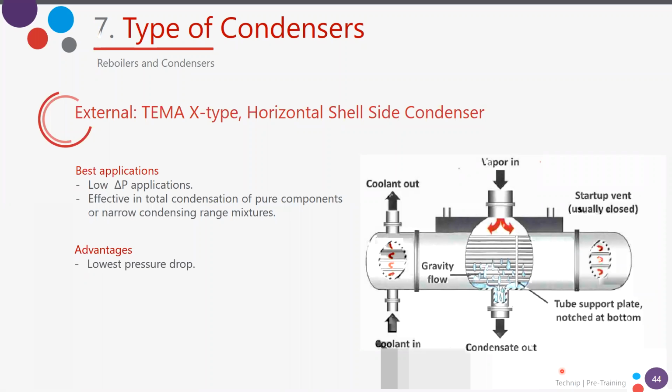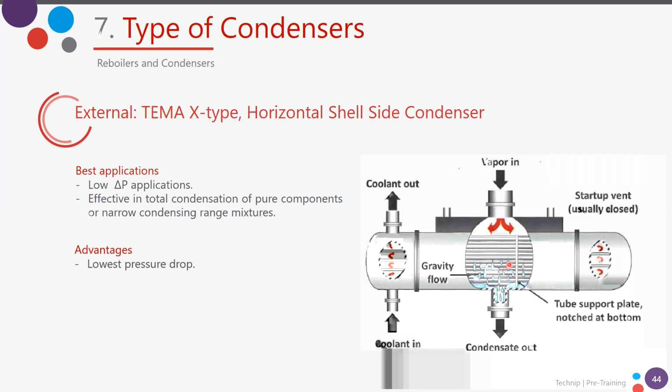Inside the shell side, actually, there are several different velocities. We have velocities in the window, meaning the part where there is no baffle, and we also have velocities across the tube bundle and at different angles.